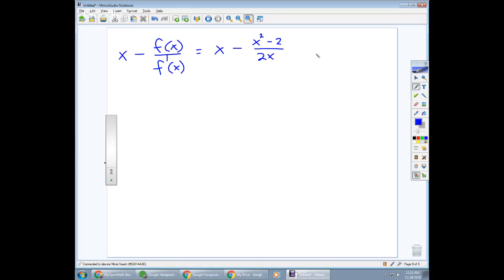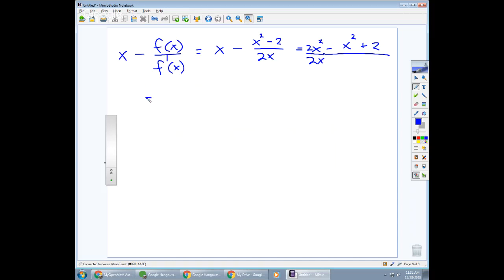Okay, so let's see. If we clean this up a little bit, we're going to get x minus, let's see, I need a common denominator. So let's put 2x in the bottom, and then this would be 2x squared minus x squared plus 2.